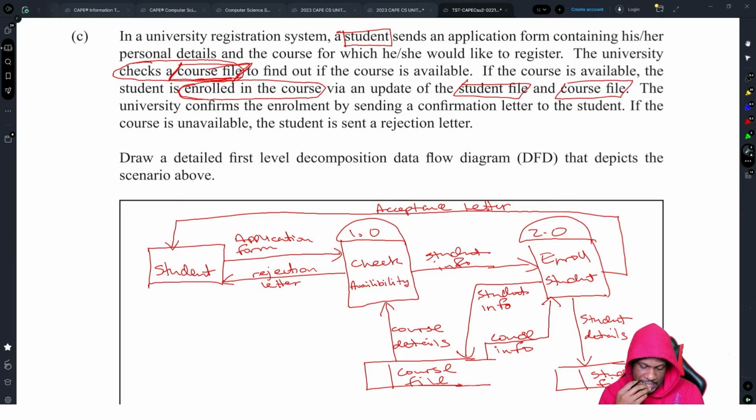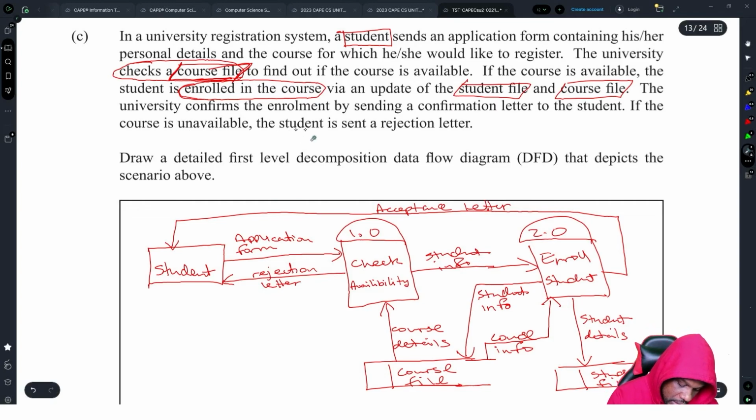That's the only tricky part here that I would have probably missed if I did it without checking it over. They didn't say anything about the course information being collected and then the acceptance letter sent. They said the university confirms the enrollment by sending a confirmation letter to the student. They didn't say by sending a confirmation letter with the course details. If they had, you would have known for sure you had to take the course details from here and put them inside it.